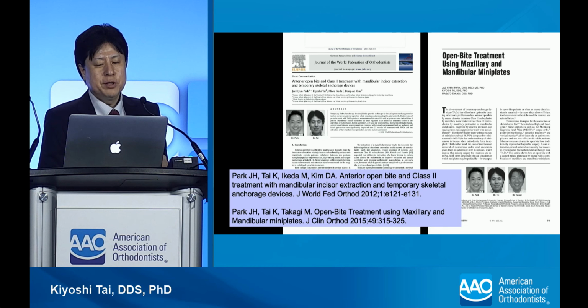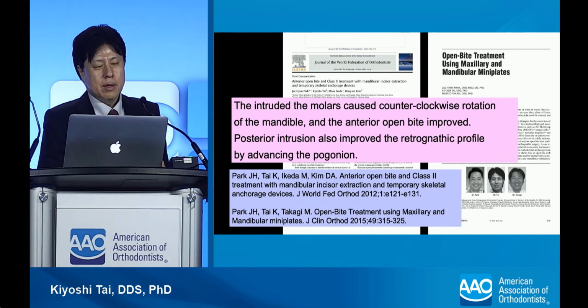One is with mini screws, the other with mini plates. The intruded molars cause counterclockwise rotation of the mandible, and the anterior open bite improved. Posterior intrusion also improved the retrognathic profile by advancing pogonion.